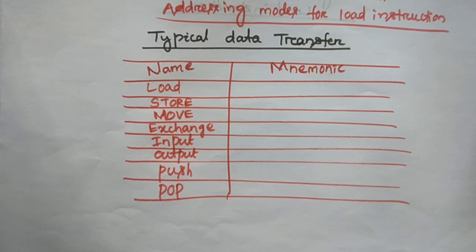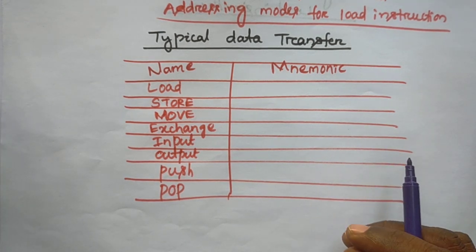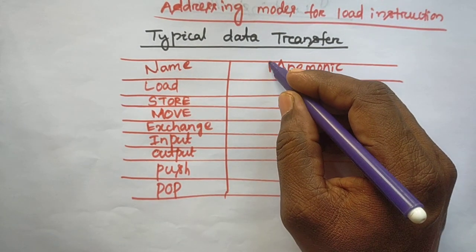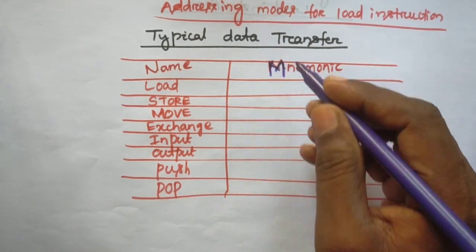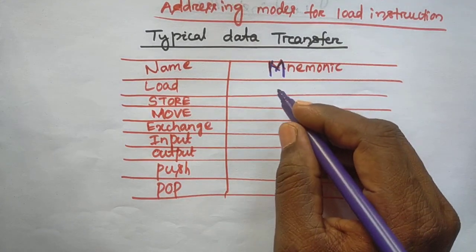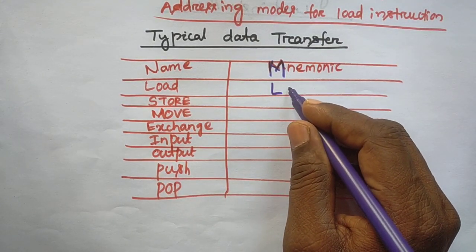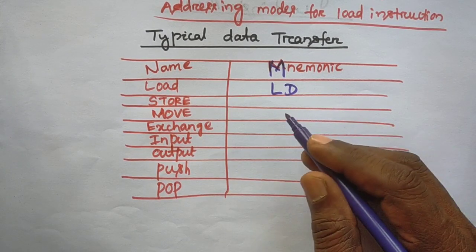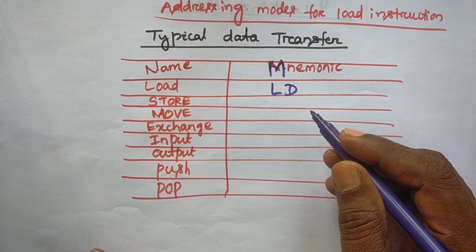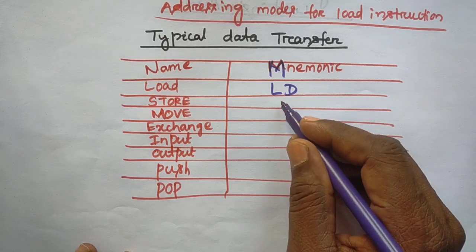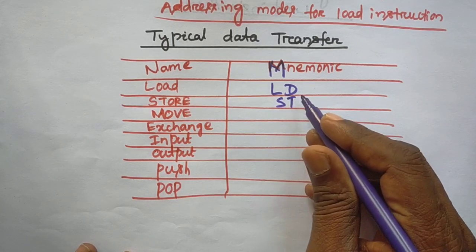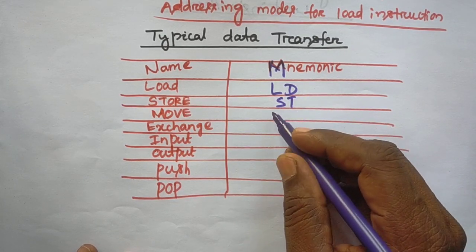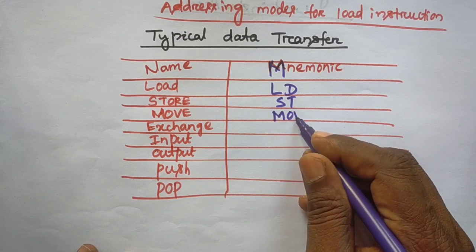Whenever we go through data transfer, we will see what kind of mnemonics we will consider. For load, in a very simple way, the mnemonic for load is LD. We can use that mnemonic in assembly language. Store is similarly ST. Move, we can use MOV.